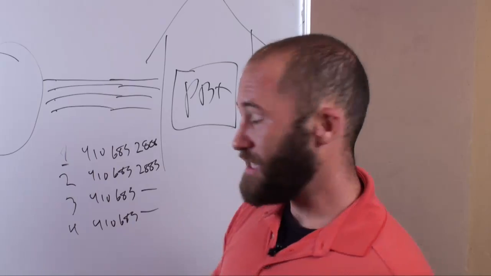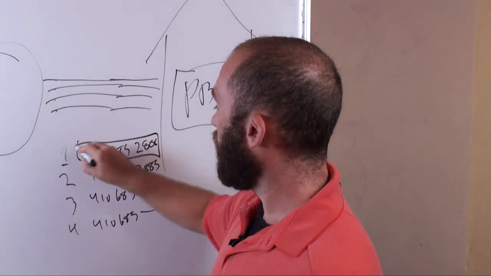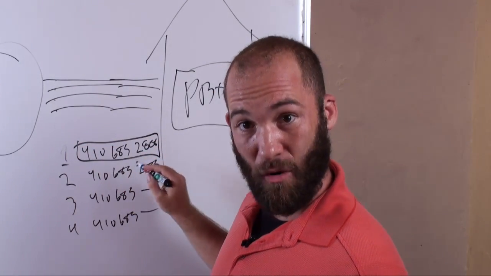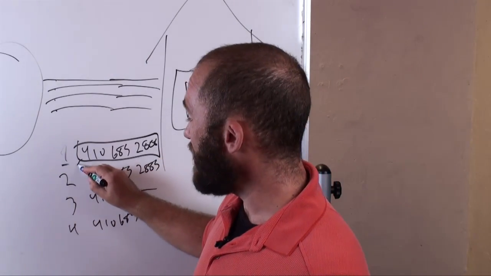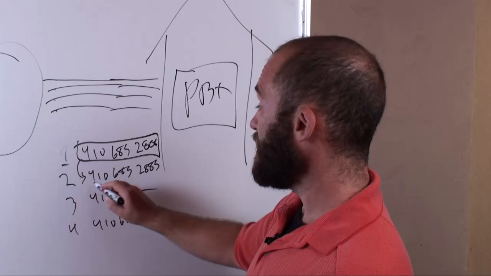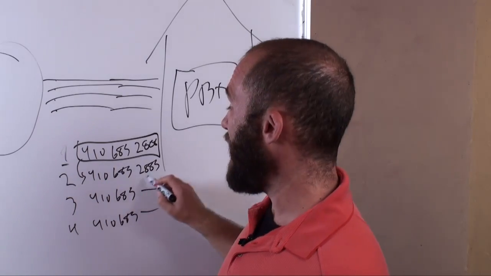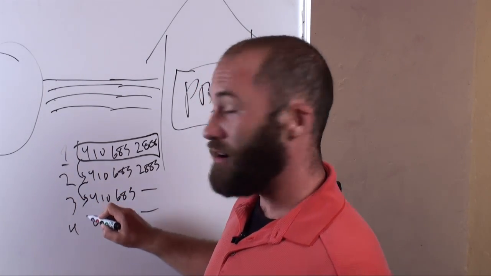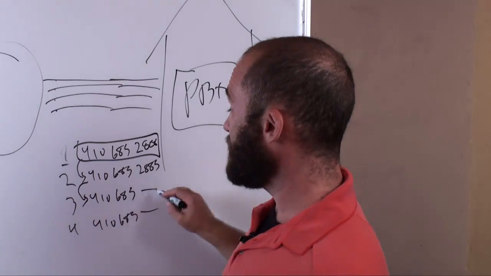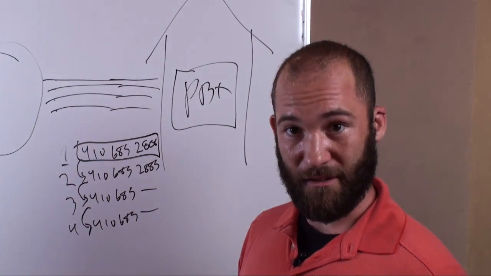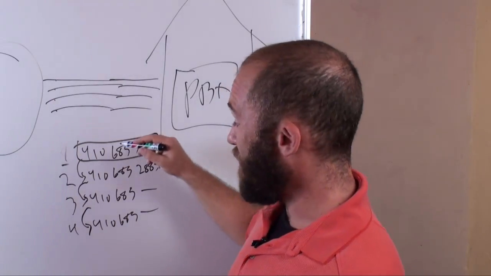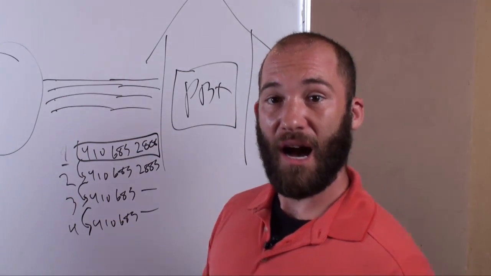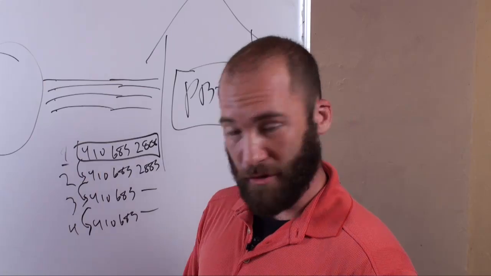The hunt group states that when somebody calls 410-685-2808, if this line is busy, the call gets automatically and invisibly forwarded to the second number in the hunt group. If that is busy, the call gets automatically and invisibly forwarded to the third and to the fourth, etc. So this is how you have one main phone number, even though you have 4 or 5 or 20 different trunk lines coming into your building.